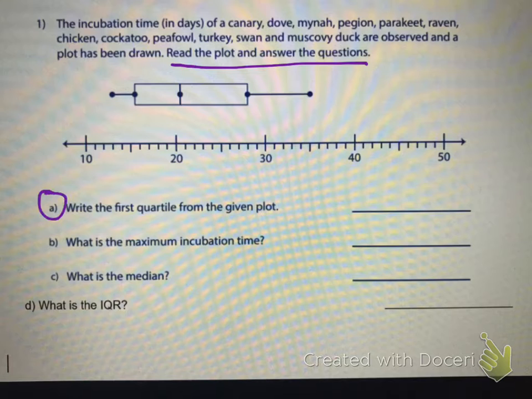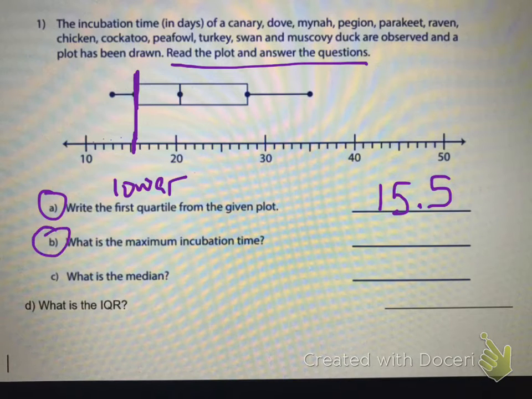The first question they ask is, what's the first quartile, which we've been calling the lower quartile, from the given plot? We know that the lower quartile is right here. If we draw that line down, it's really close to, let's see, skip counting by ones, 10, 11, 12, 13, 14, 15, it's about at 15 and a half. Okay, that's our lower quartile.